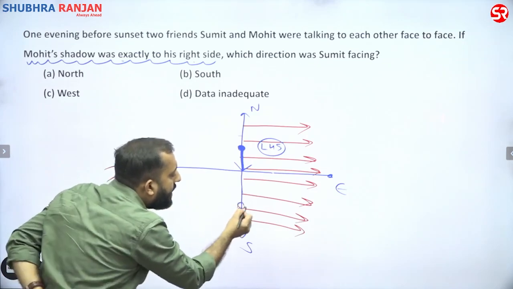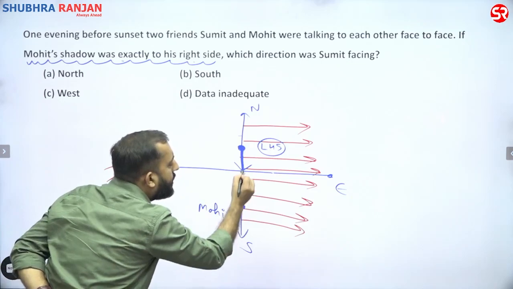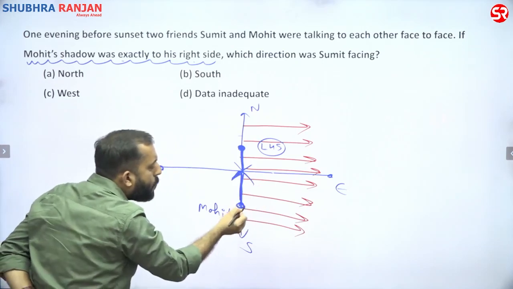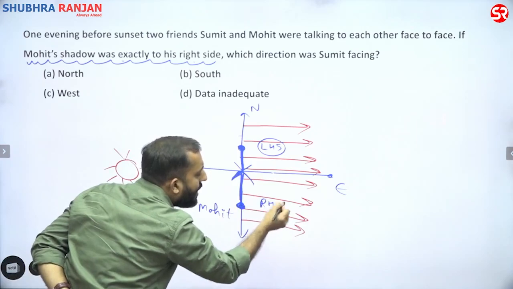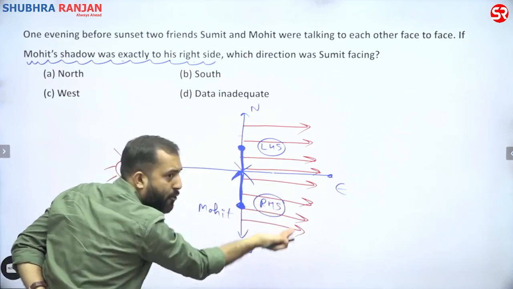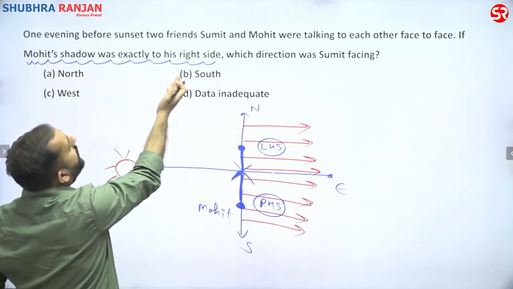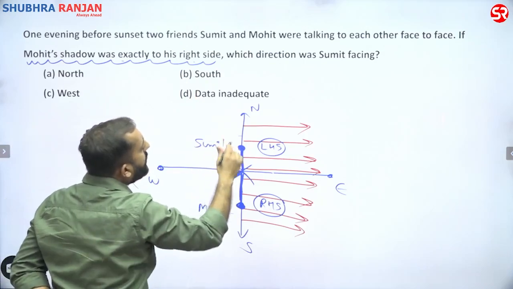Then the second case, let's say Mohit is facing the north direction. If Mohit is facing north, then on the right hand side, I can see the shadow now. Okay. And we know that Mohit and Sumit both are facing each other.